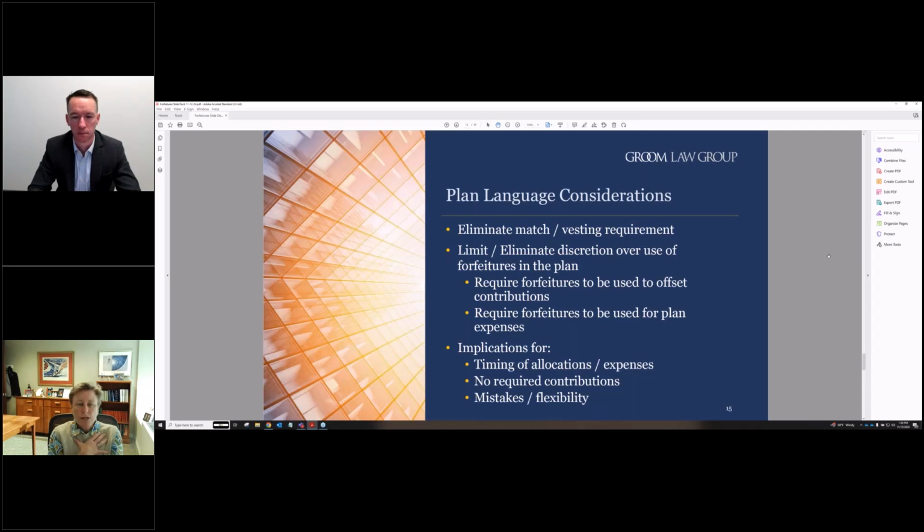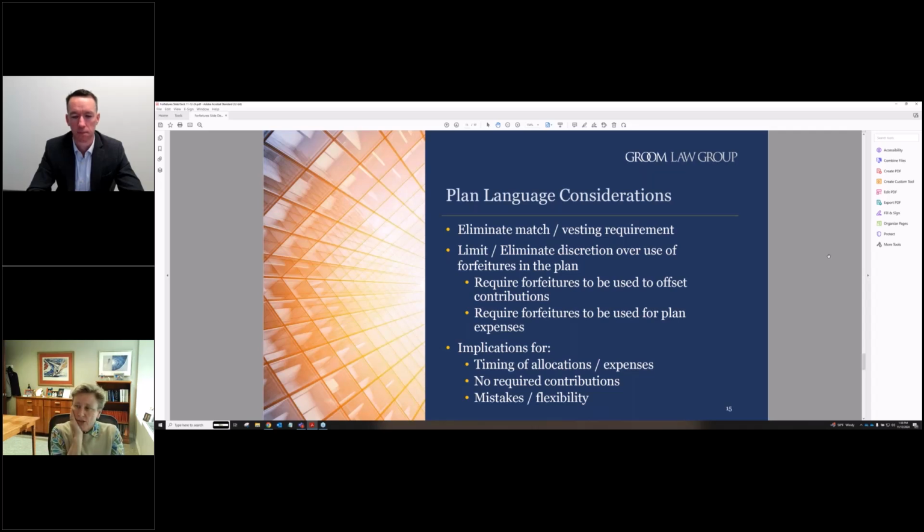We can go through some considerations that involve plan language and other things, but I do want to emphasize that every plan is a little bit different. The relationship between the fiduciaries and the sponsor is a little bit different.